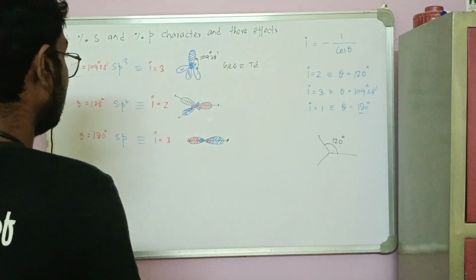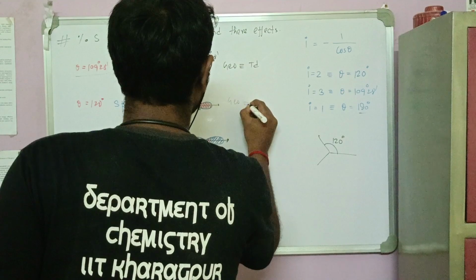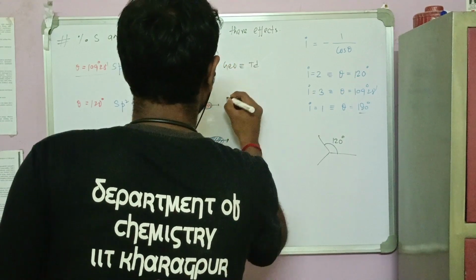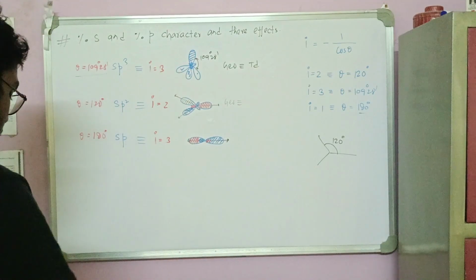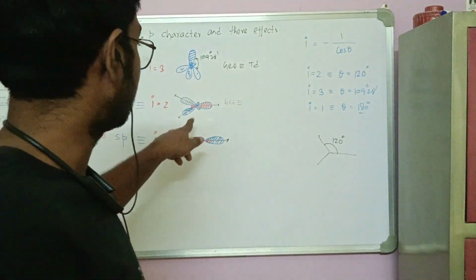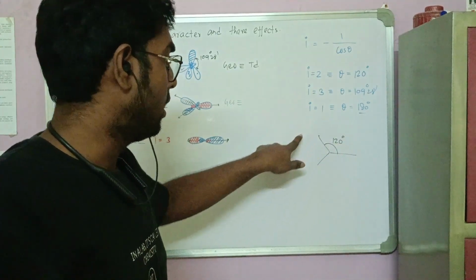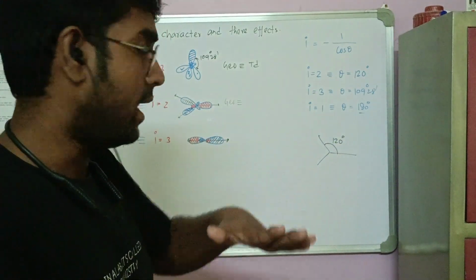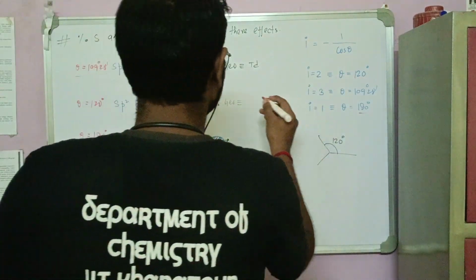So let's write down those things. The geometry for sp2, we got this type of geometry called trigonal planar. Why is it called trigonal planar? Because it is kind of a triangle and it is planar. So you can see this is a plane.